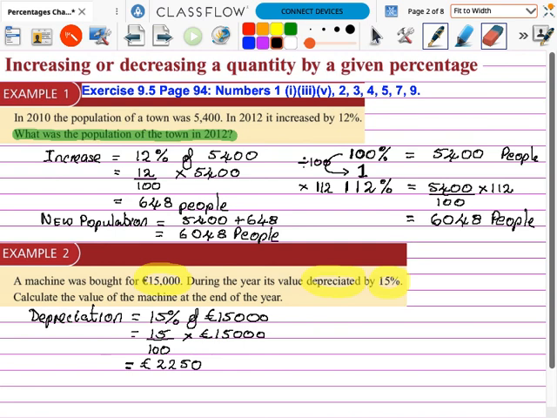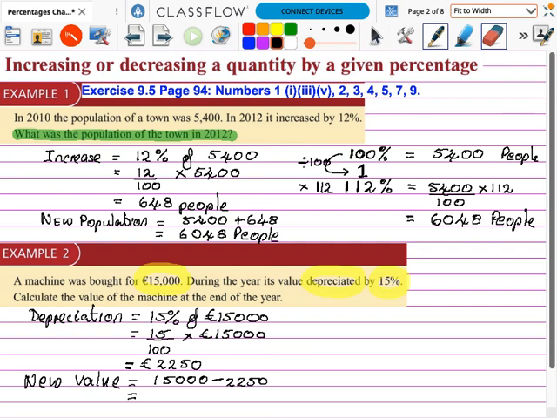Now, what does depreciation mean? Think. Pause the video. Well, depreciation means it goes down in value. So if I want the new value, then the new value is going to be the old value minus what it was reduced by, and it was reduced by 2,250 euros.